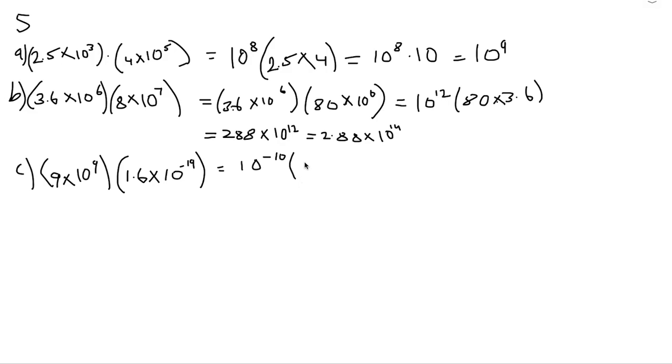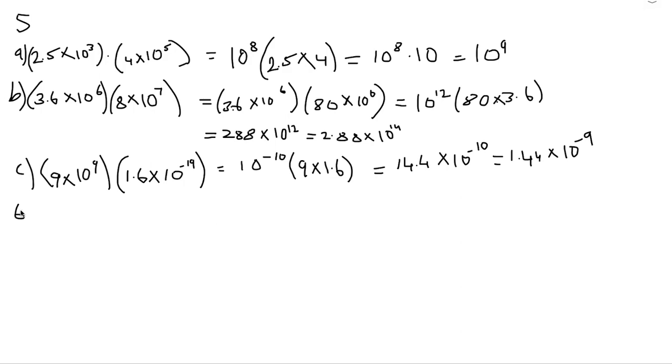Now 9 multiplied by 1.6 will be 14.4 times 10 to the power negative 10, or rewritten as 1.44 times 10 to the power negative 9. This is the right answer.